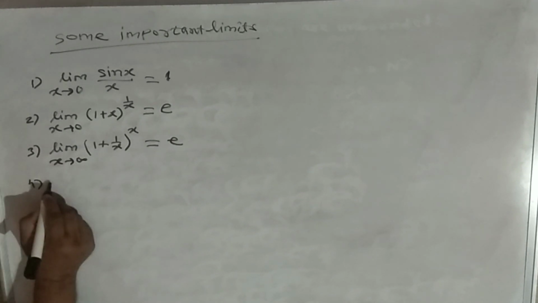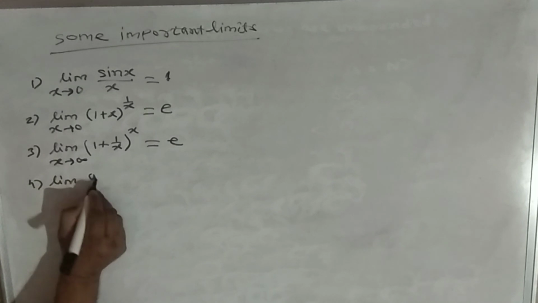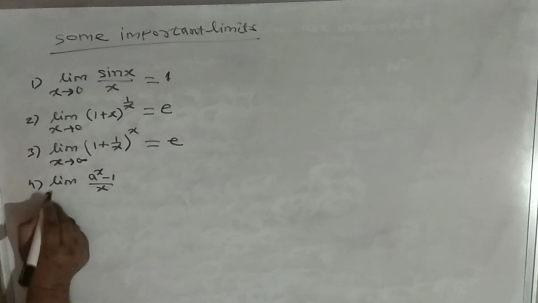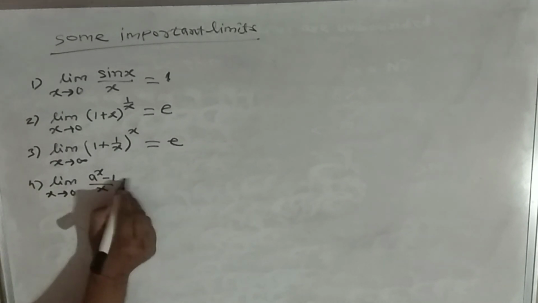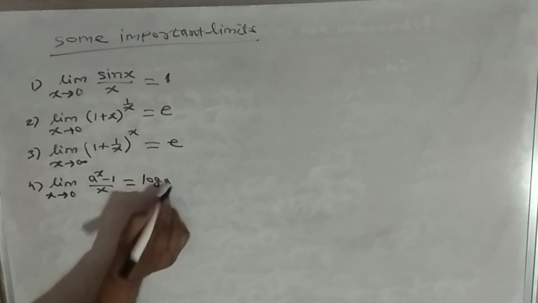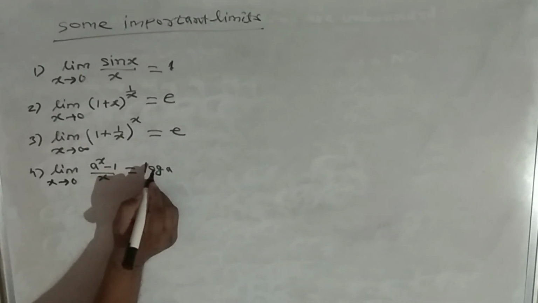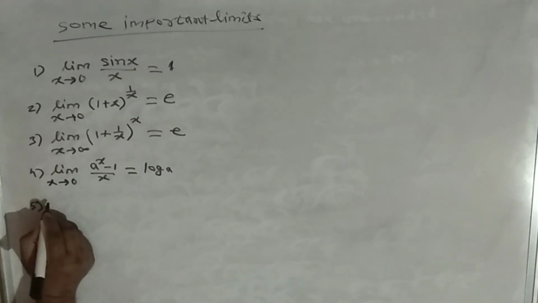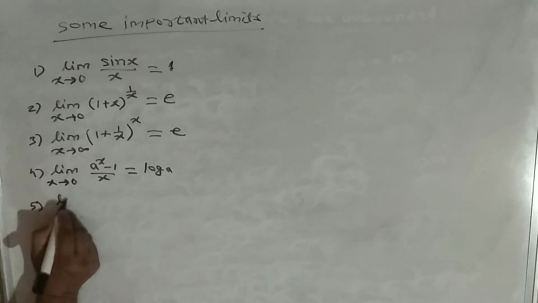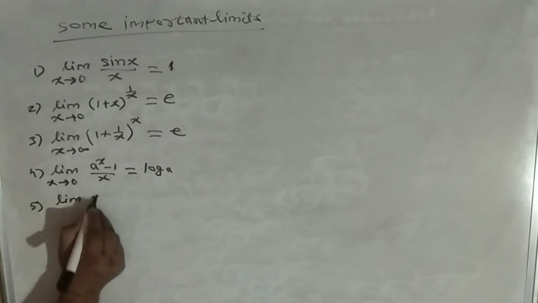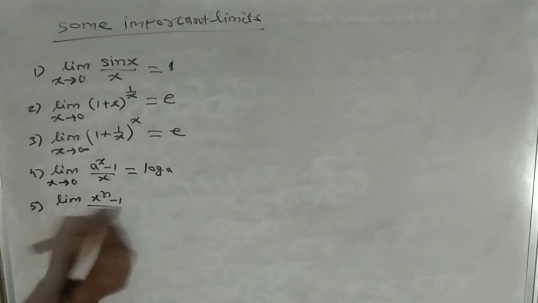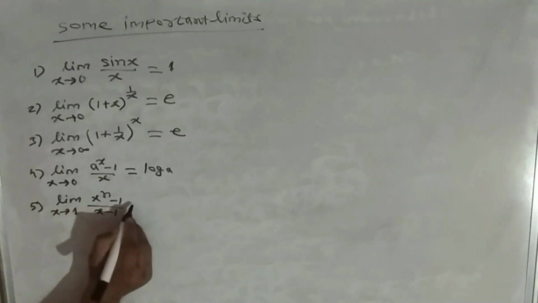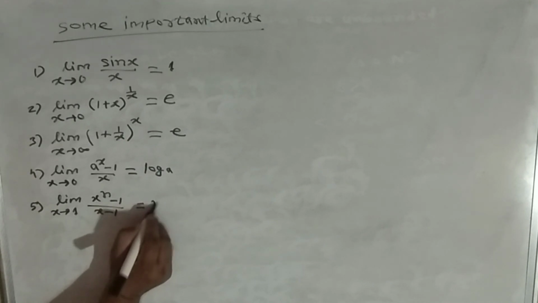Number 4, the limit of the function a to the power x minus 1 upon x as x tends to 0 is equal to log a. And number 5, the limit of the function x to the power n minus 1 upon x minus 1 as x tends to 1 is equal to n.